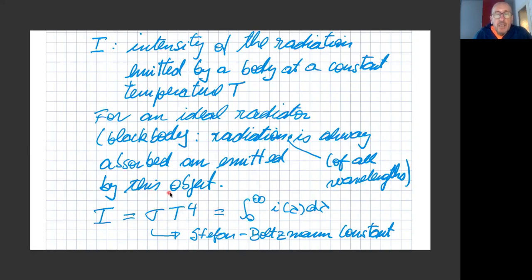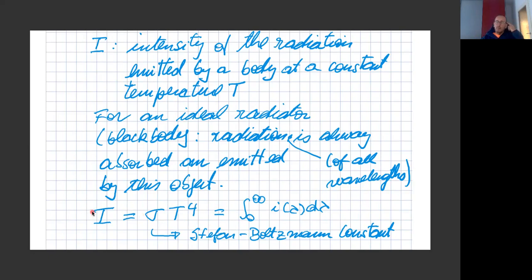This T, again, is absolute temperature. So if something is at 0 temperature, the emission is very low. And as soon as the temperature starts to grow, and you can see that this is a very steep function of temperature, okay? You will start to see radiation emitted.